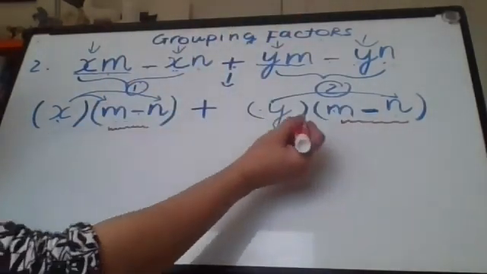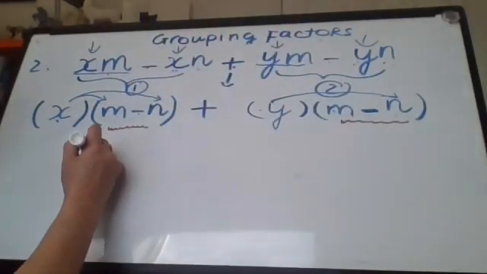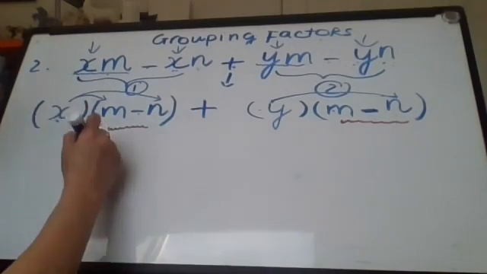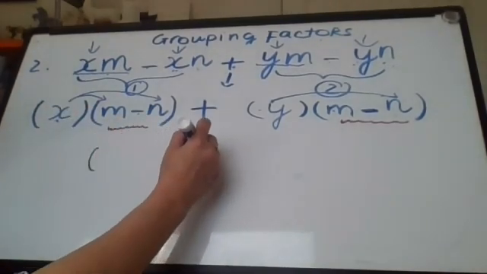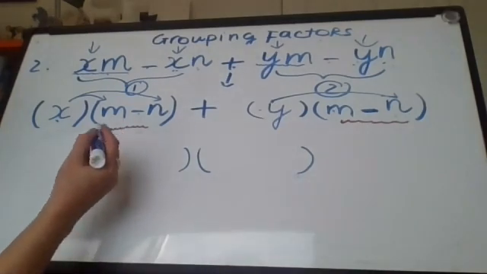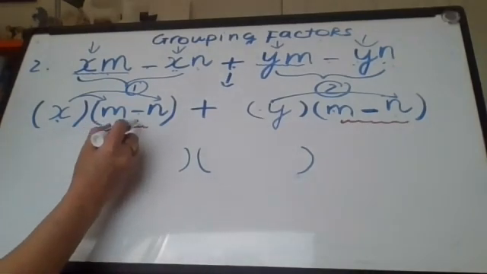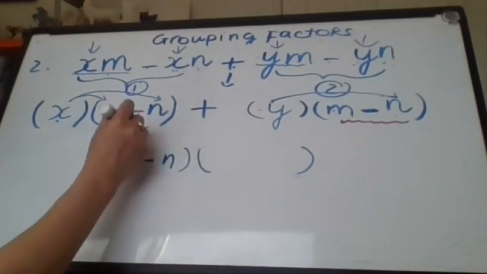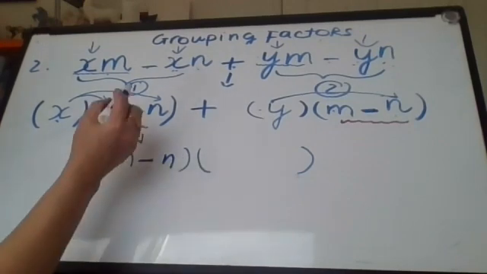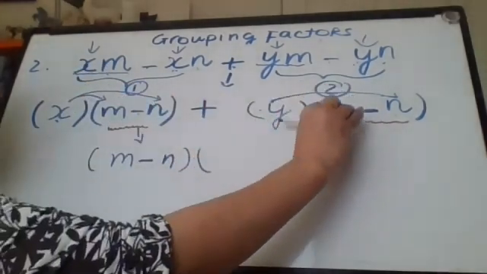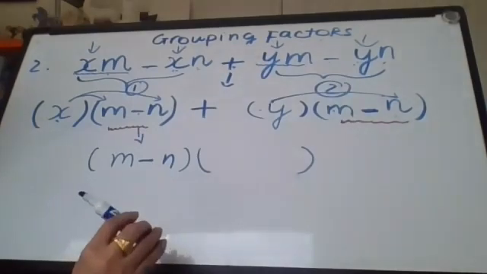So again, we continue to factor, meaning we're going to put them into two brackets and pull out the greatest common factor. What is the greatest common factor in here? M minus N, M minus N, put it down. This goes in here, right? Because it's common in the first term, it's also common in the second term, right?